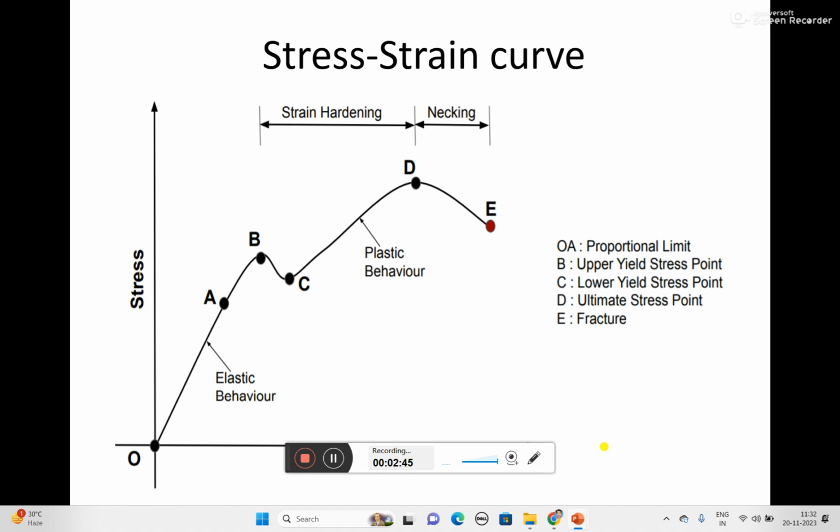There are different stress strain curves, like the engineering stress strain curve and the true stress strain curve, and they differ for different materials. For ductile materials, the stress strain curve will be one type, and for brittle materials, it will be different.